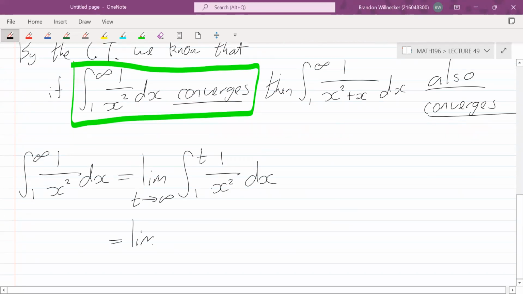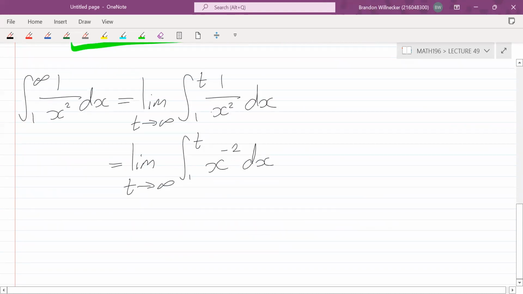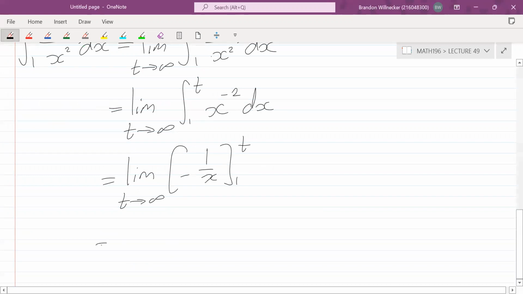We can write this as x to the minus 2. So this becomes the limit as t goes to infinity of minus 1 over x from 1 to t, which is the limit as t goes to infinity of minus 1 over t plus 1.